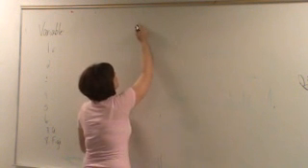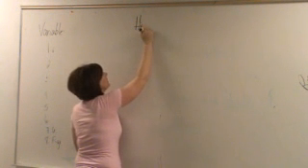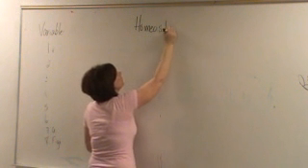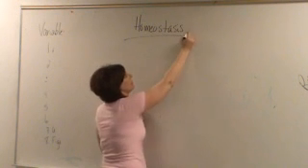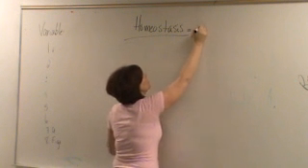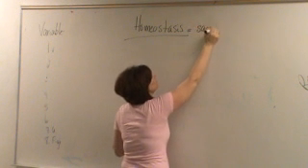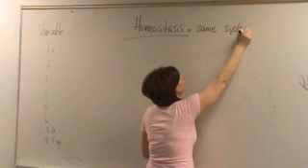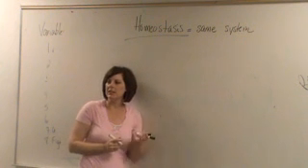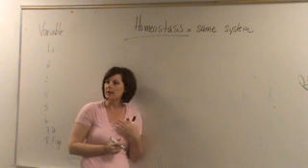And so there's a term we want to introduce called homeostasis. Okay? Now, homeostasis, okay? So homeo means the same, and stasis means like system. Okay? So the state of our system, which is our body, we want it to be the same.